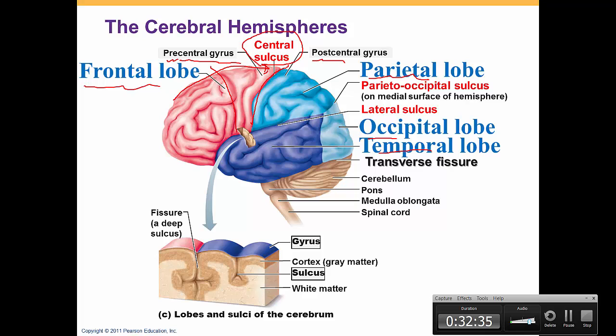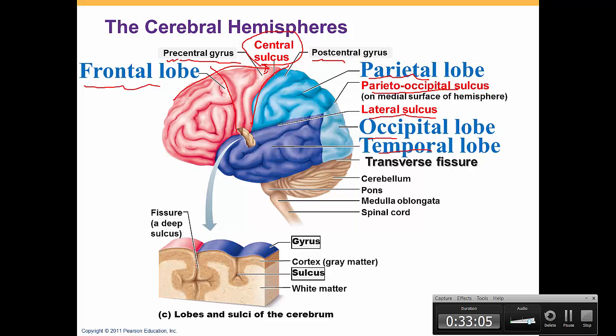The central sulcus is the one that makes the boundary between the frontal and parietal lobes. We also have the parieto-occipital sulcus that makes the boundary between the parietal and occipital lobe. And we have the lateral sulcus that makes the boundary between both frontal and parietal lobes superiorly and the temporal lobe inferiorly.